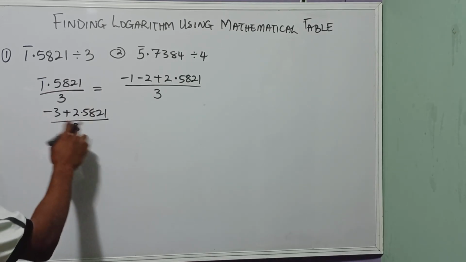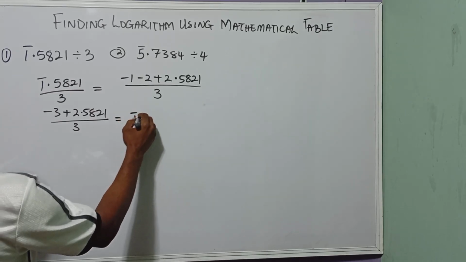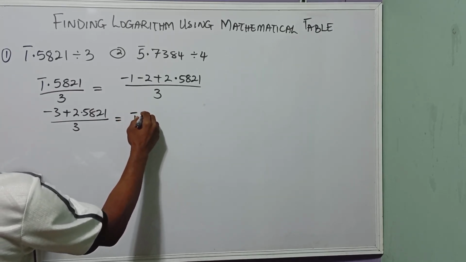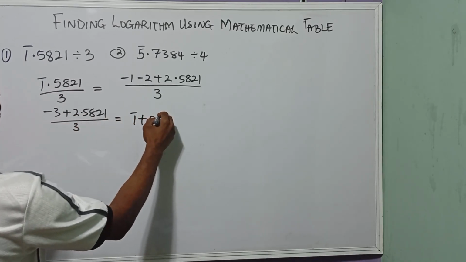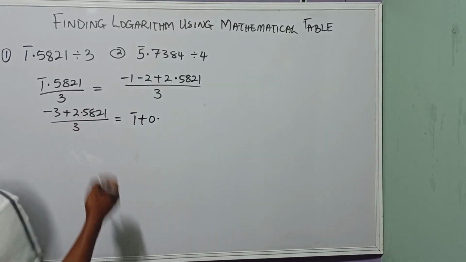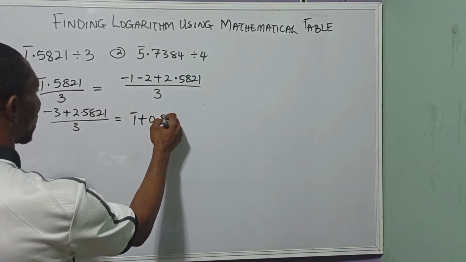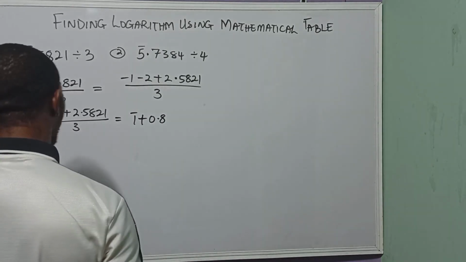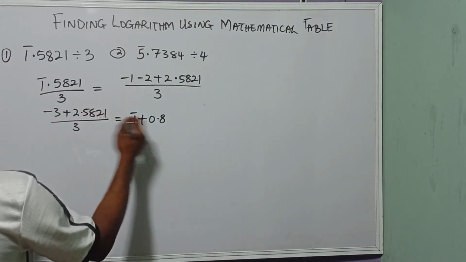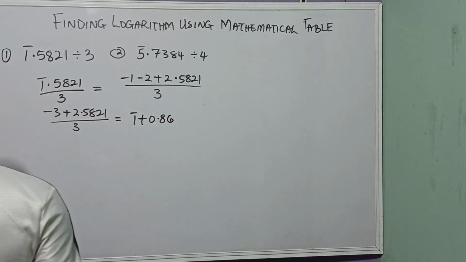Now, 3 into 3 will give us a minus 1 plus 3 into 2, 0. Okay, 3 into 25 will give us 8. 8 times 3, 24. Okay, now carry 1. 3 into 18 will give us 6.